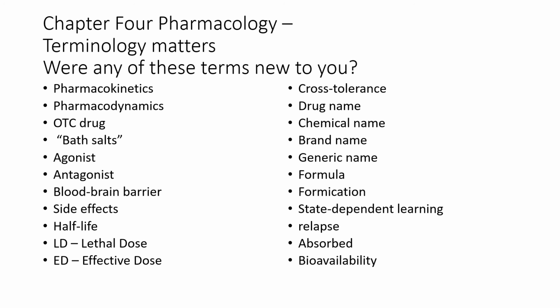We also will talk coming up shortly about state-dependent learning, how having drugs in your bloodstream may affect what you learn. Among drug counselors, it's common to talk about relapse. That is how people use drugs for a while, or without them for a while, and then begin to use them again and get different results. And we talked about absorption and bioavailability.